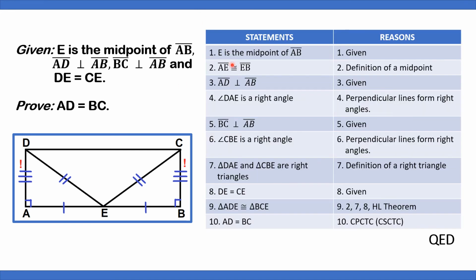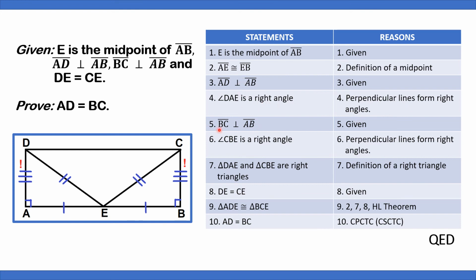So, statement 1, E is the midpoint of line segment AB, given. Statement 2, line segment AE is congruent to line segment EB by the definition of a midpoint. Statement 3, line segment AD is perpendicular to line segment AB, given. Statement 4, angle DAE is a right angle because perpendicular lines form right angles, a consequence of statement 3.